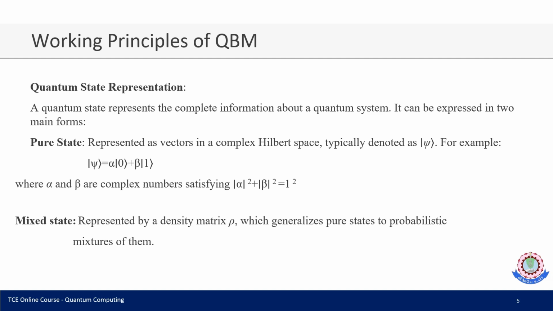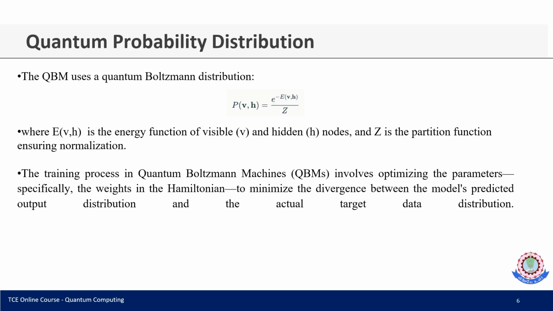For example, ket psi equals alpha times ket 0 plus beta times ket 1, where alpha and beta are complex numbers satisfying |alpha|^2 + |beta|^2 = 1. A mixed state is represented by the density matrix rho, which generalizes pure states to a probabilistic mixture of quantum states.